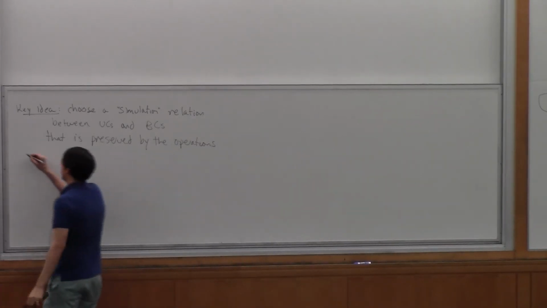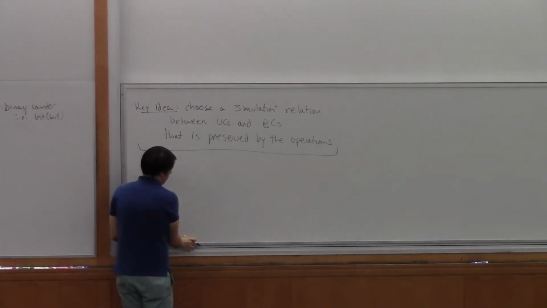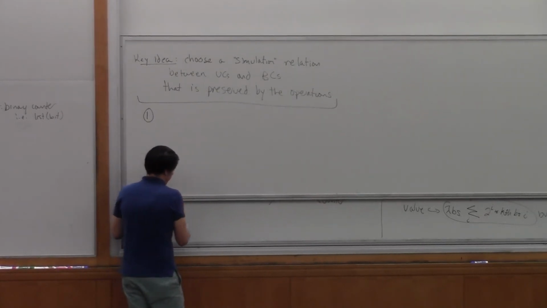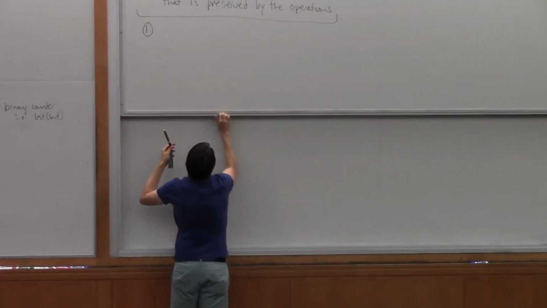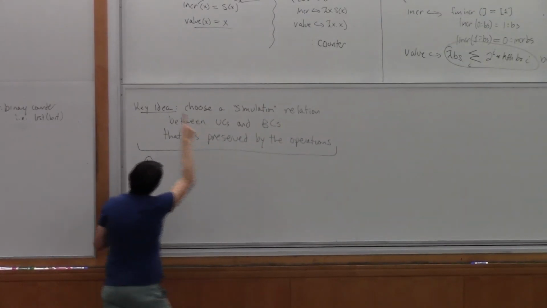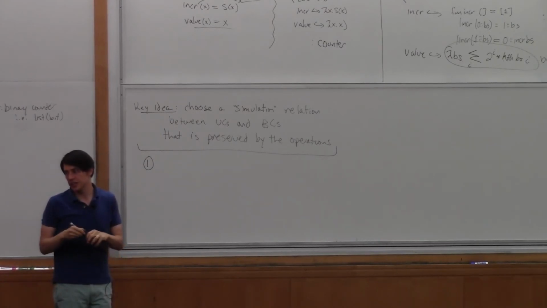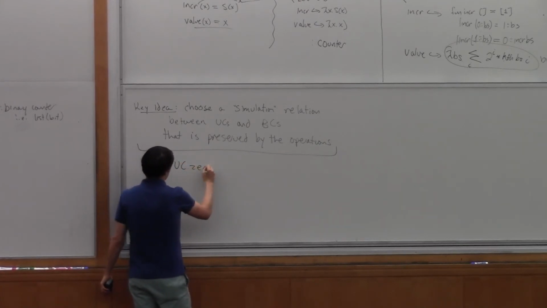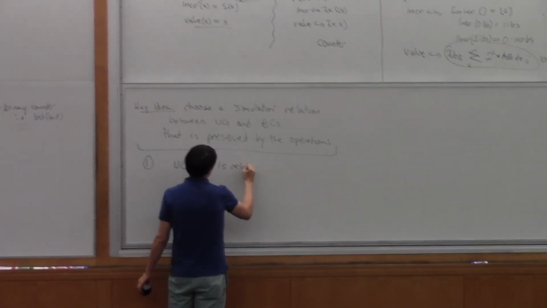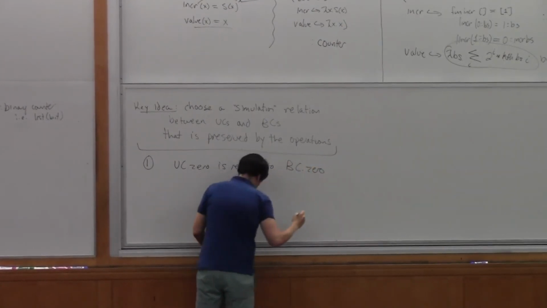But just to give you an example to boot up for this afternoon, here's what it means for this specific example. 1, we want to say that the unary counter's 0 value is related to the binary counter's 0 value. Okay? So unary counter 0 is related to binary counter 0.